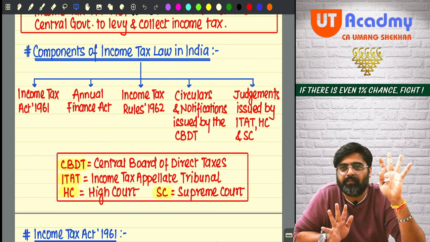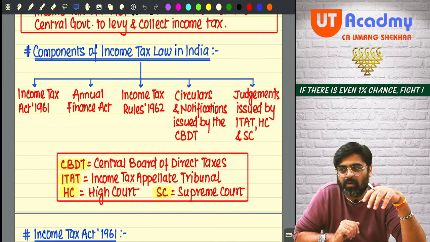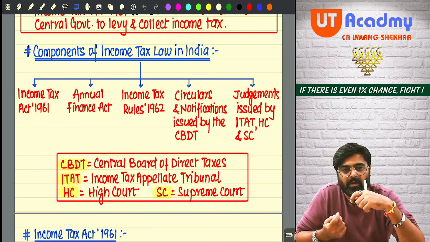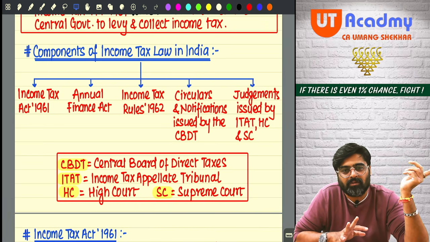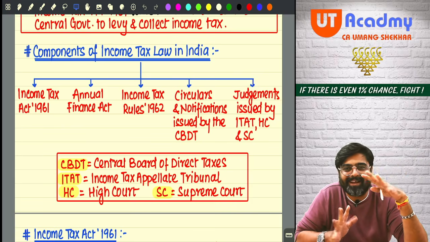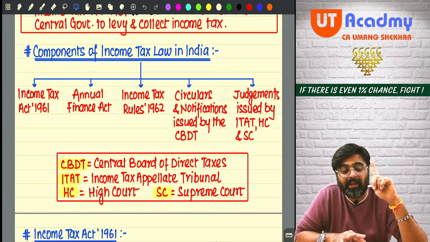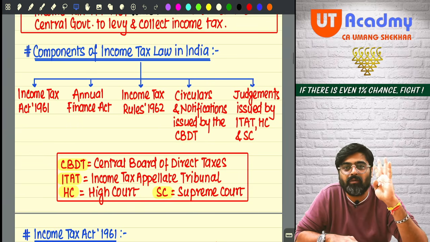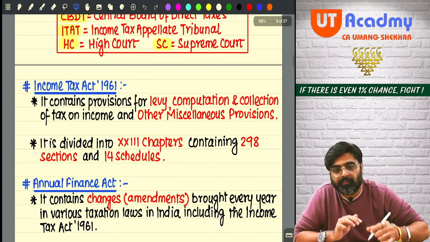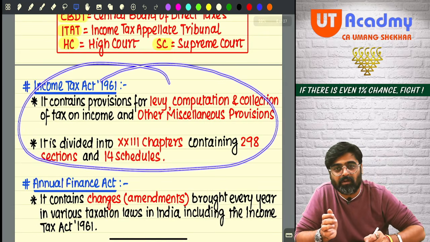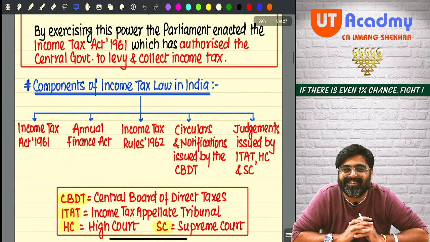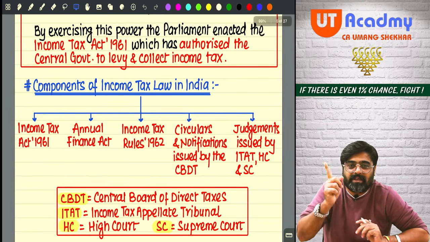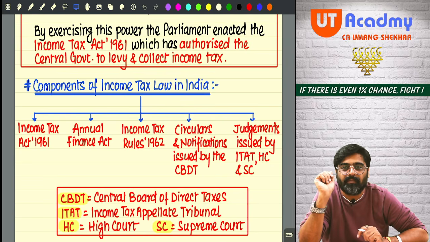Because I know whatever I speak, people will always try to tell me, sir, you spoke this, give us the time to write this. So I don't take that risk. Whatever I speak will be 100% covered in my notes. See, I'm talking about this part right now, but let us keep it hidden. How many sections? Section number 1 to section number 298.